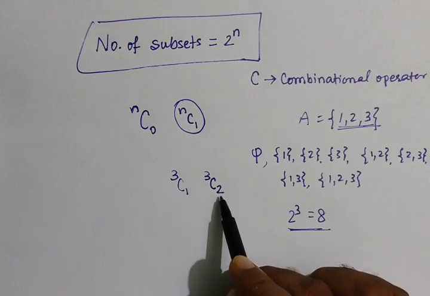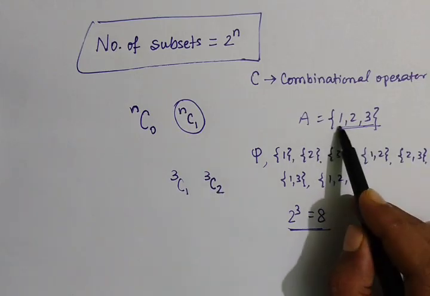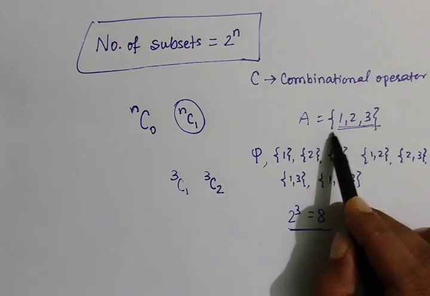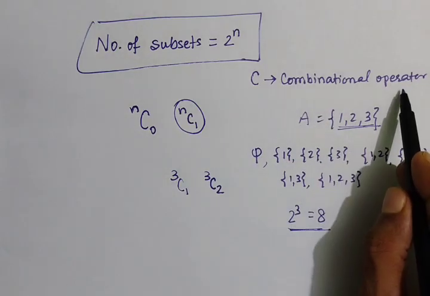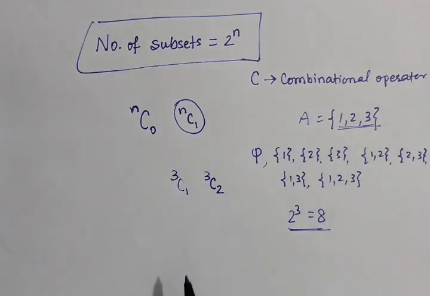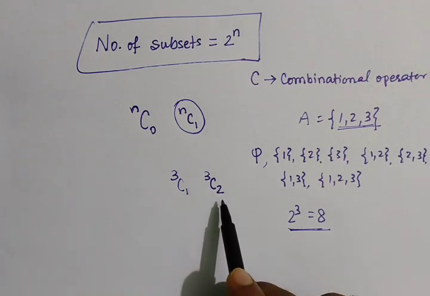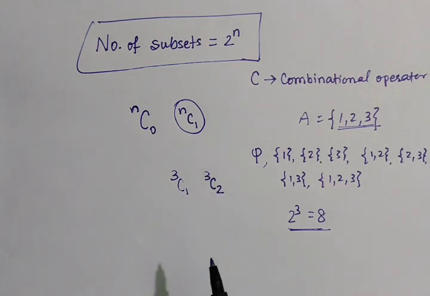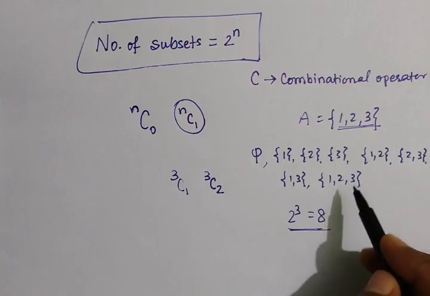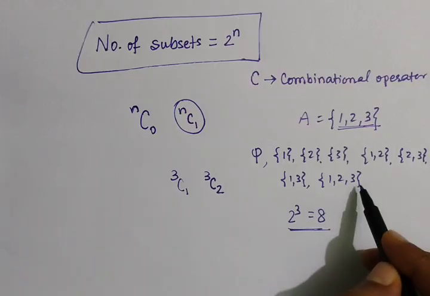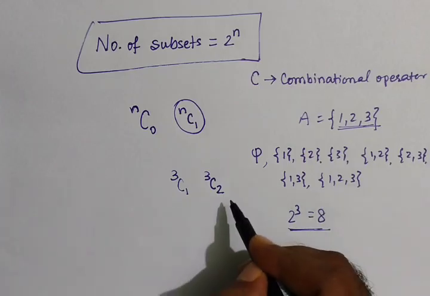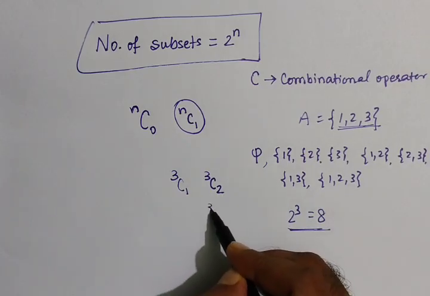We have C, the combinational operator for selection, so we can write 3C2. That means we are going to select 2 elements out of 3. Then we have to find the number of subsets with 3 entries. We can write this as 3C3.